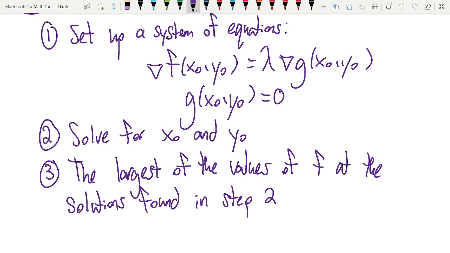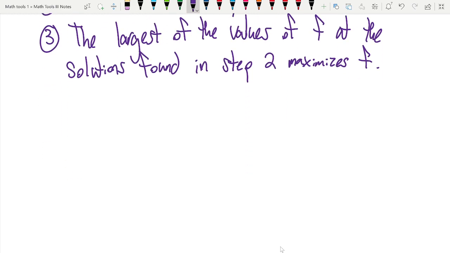So whichever one of those is the largest maximizes f. Okay, so in other words, this is going to give us all of the candidates for the points that could be the maximum. And similarly, it'll give us the points that will be candidates for the minimum. So I won't write that down because it would say the same thing, right?